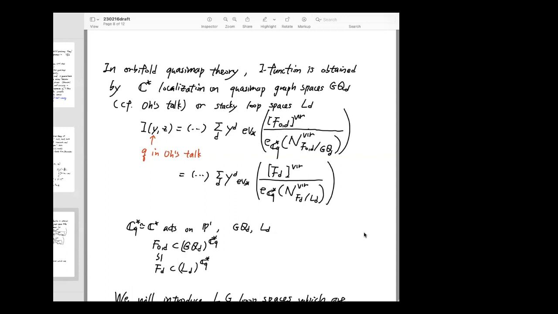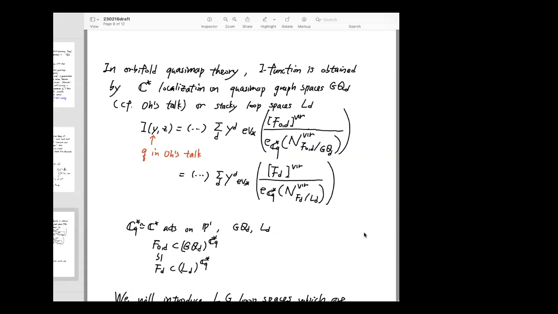The C star acting on the P1 will be called C star sub q, and the Novikov variable from now on will be called y instead of q. This is very similar to the notation in the June 6th talk.